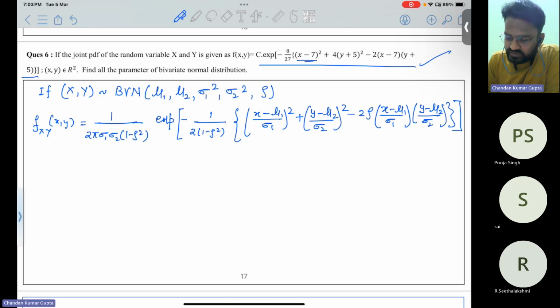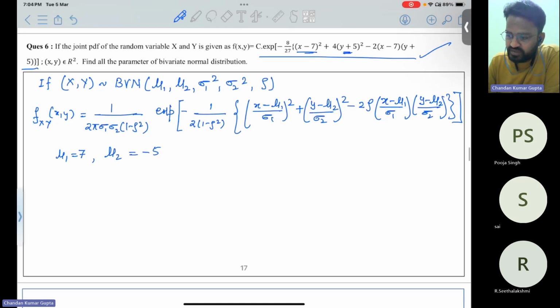Comparing, we will get mu1 equal to 7, and mu2 equal to minus 5, because it is plus 5 there, so that means it is minus 5.